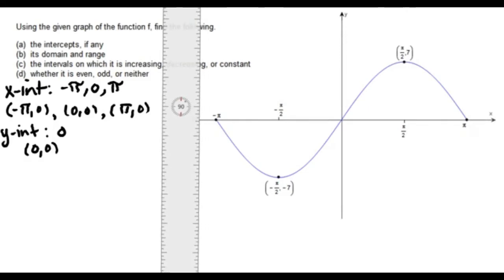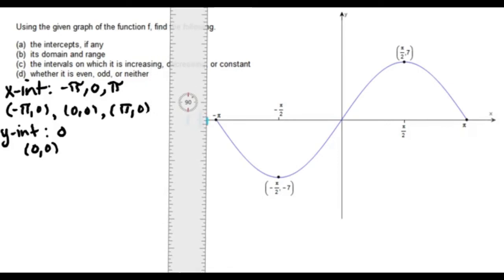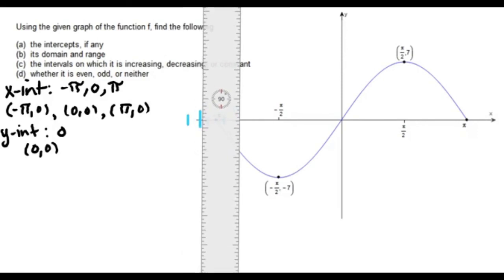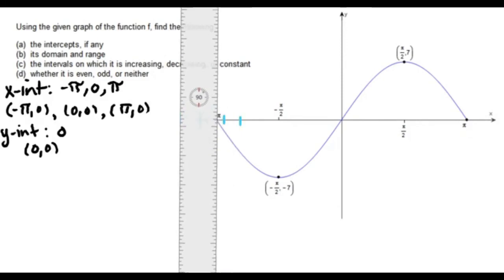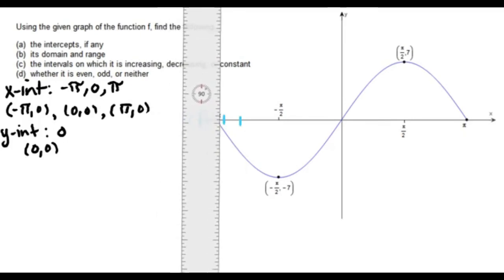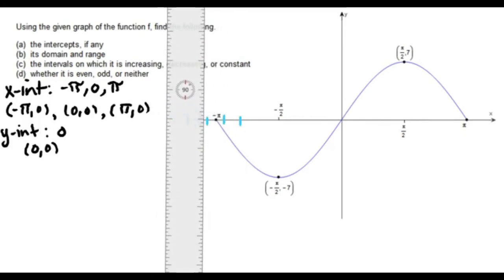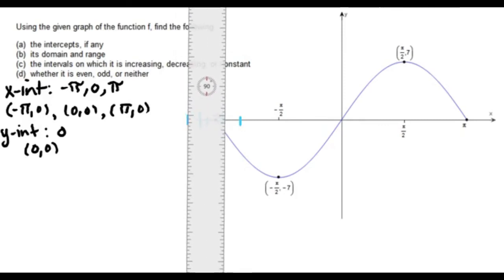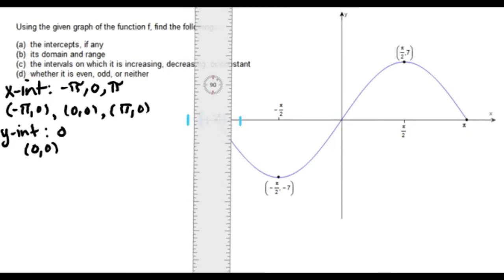The reason why I'm holding it vertically is because this ruler is marking off x values when you hold it vertically. And remember, with domain, we're looking for the x values of this graph. So by holding it vertically, I'm paying attention to where the vertical line touches the graph. And if it's touching the graph, that means I have an x value, I have a part of the domain.